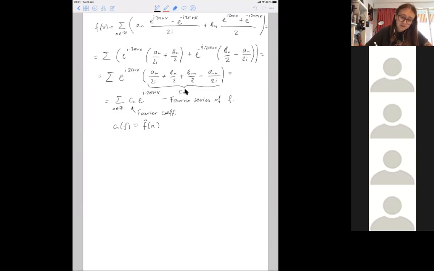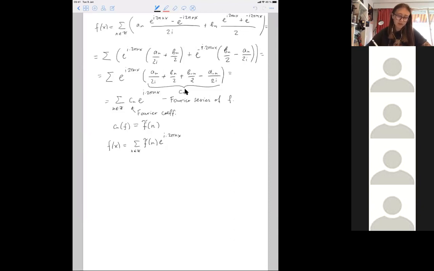Actually, so as not to confuse people, I would just substitute it with the tilde. Okay, and the question now is, we have this decomposition. How do we find the Fourier coefficients f tilde of n for a given function f of x?